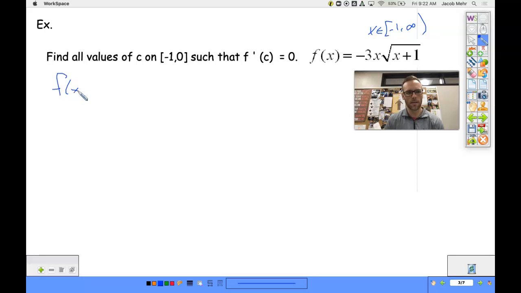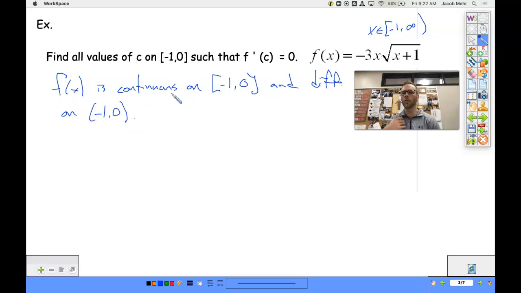So f of x is continuous on -1, 0. And differentiable on -1, 0.